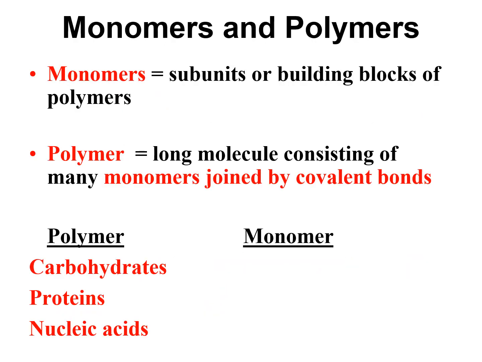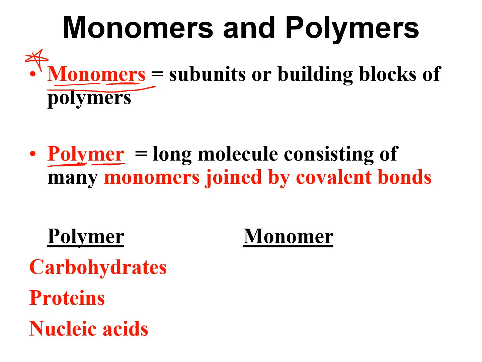Okay, these 2 words are good to know. A monomer: mono just means one and mer means part. So a monomer is just a subunit or a building block of a polymer. And poly meaning many, and mer meaning part, a polymer is just many monomers that are joined together by covalent bonds.